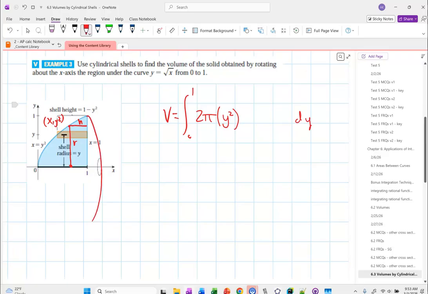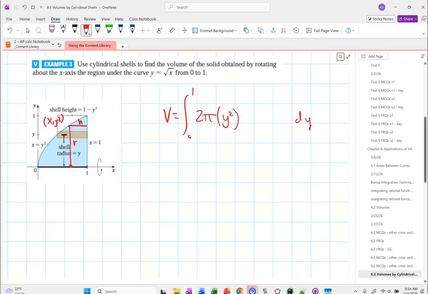So my first cylinder is here, and then my next cylinder is going to be here, and my next cylinder would be there. They're opening this way. So the height of our cylinders are coming back that direction. That was kind of messy, but I think it helped in visualizing what's happening.